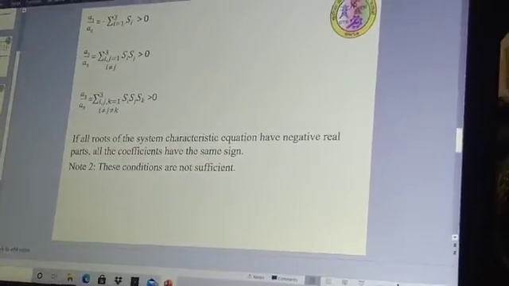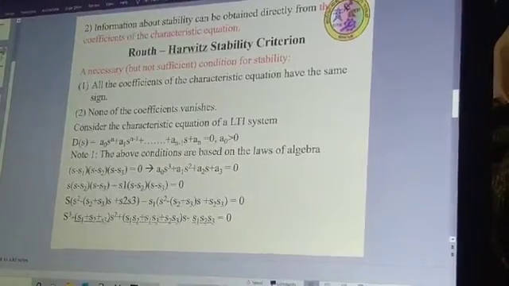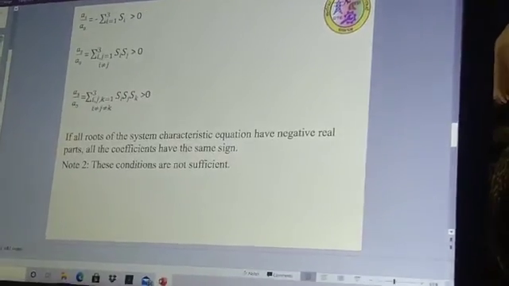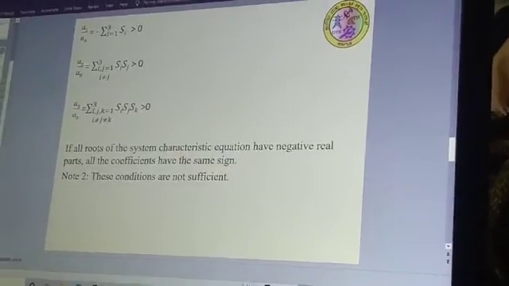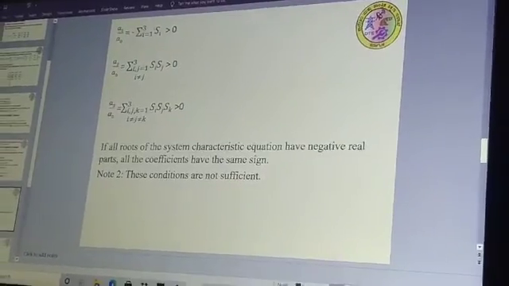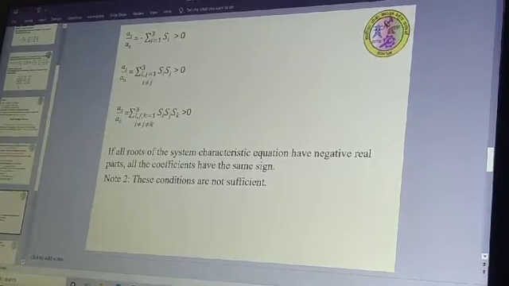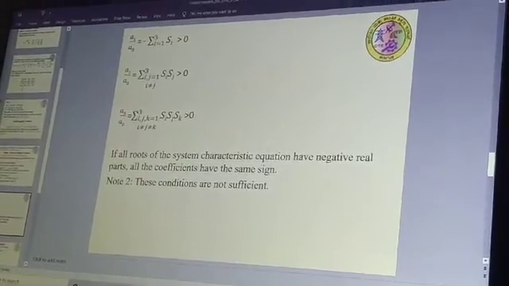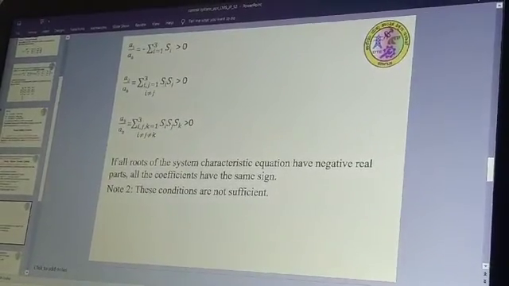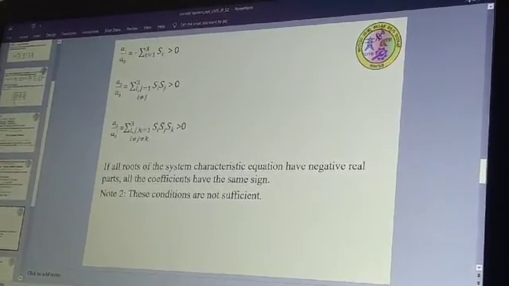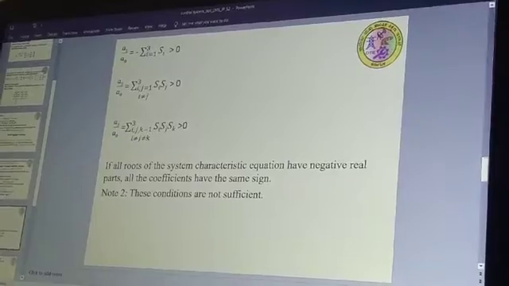Now a1/a0 is equal to minus the summation of si, for i = 1 to 3, which should be greater than 0. a2/a0 is equal to the summation of si sj, for i, j = 1 to 3, greater than 0. a3/a0 should be greater than 0.